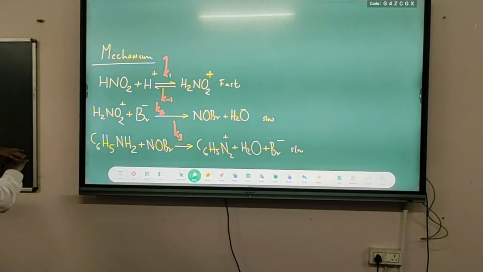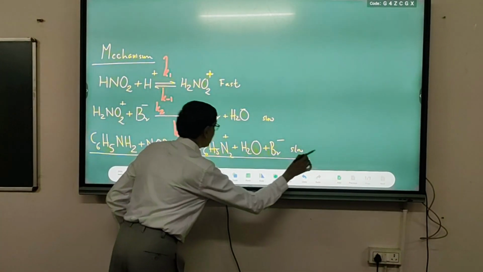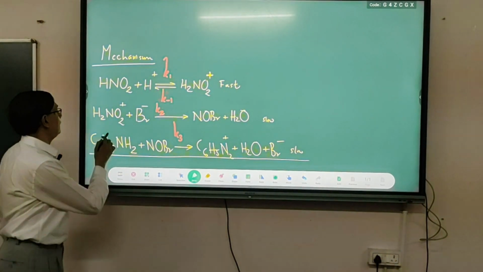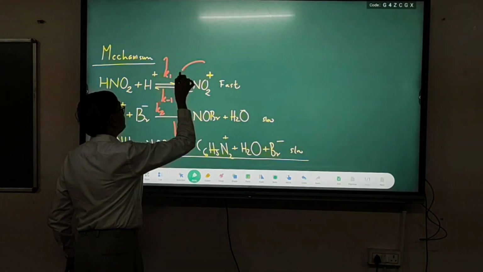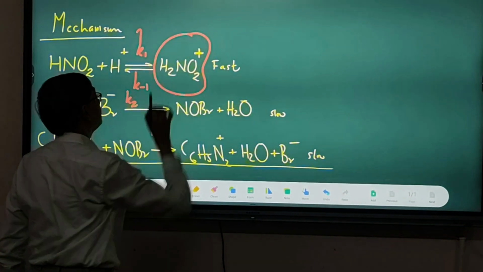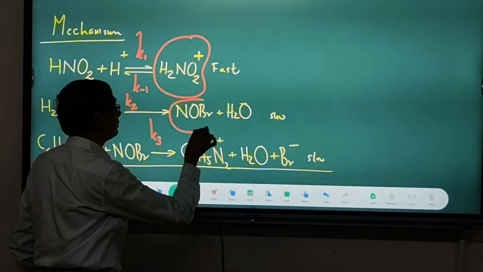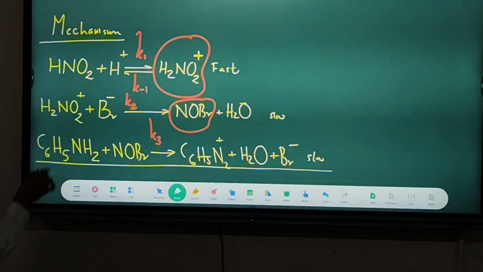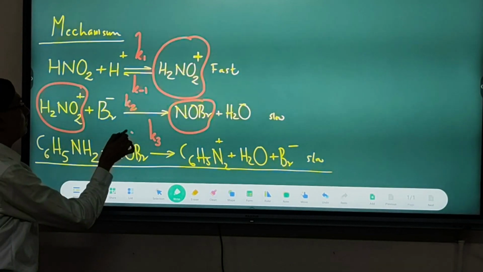Because if I write the total or overall reaction, you will find that this part is the intermediate part, this part is also an intermediate part, and this is also an intermediate part, this is also an intermediate part.